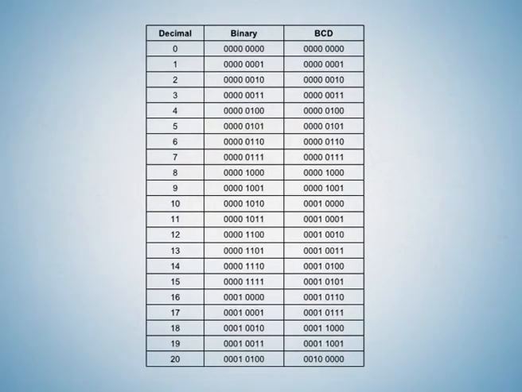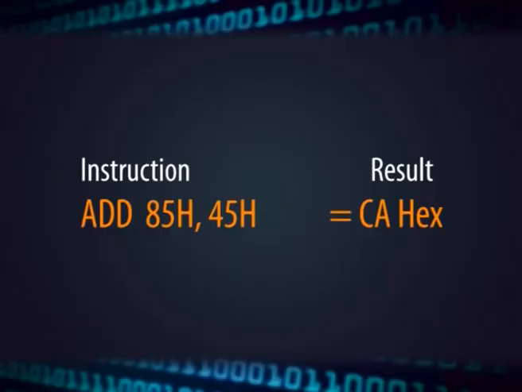As we know, in BCD format, 4 bits are allocated to every digit. So 4 bits in binary are needed to represent a digit. When the addition of these numbers is performed using the add instruction, the result is CA hex.